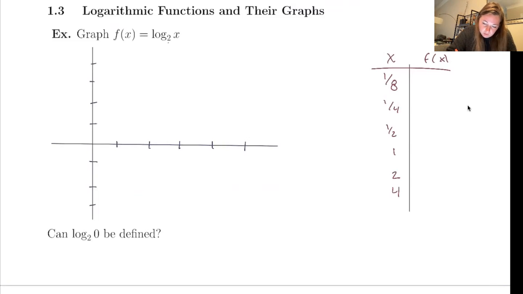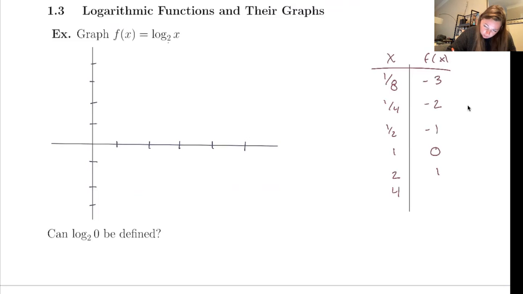So 1/8 is the same as 2 to the -3, so that would be -3. 1/4 is the same as 2 to the -2, so f would be -2. This is -1. Remember, log base anything of 1 is 0. Log base 2 of 2 is 1.